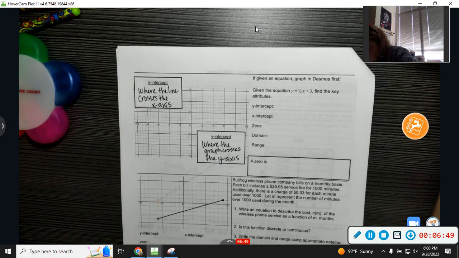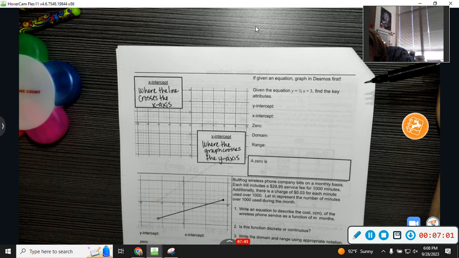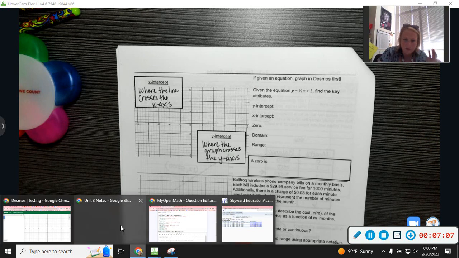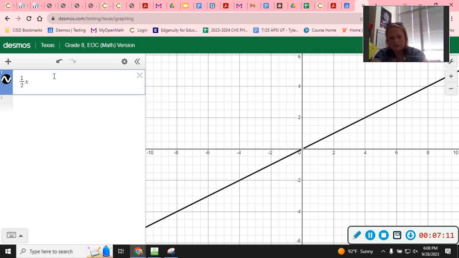Alright, so we have this equation, y equals 1/2 x plus 3. Find the key attributes. We're going to graph it in Desmos first, so we pull up Desmos and graph 1/2 x plus 3.